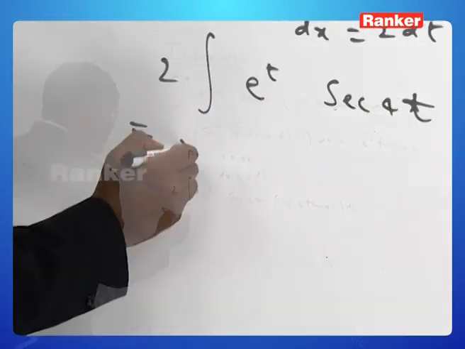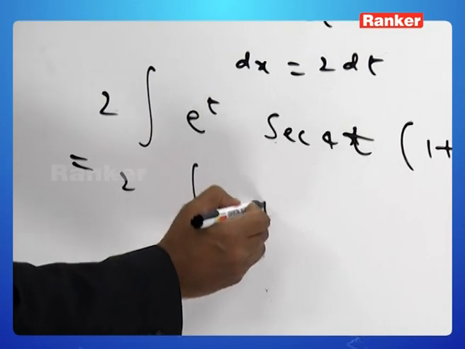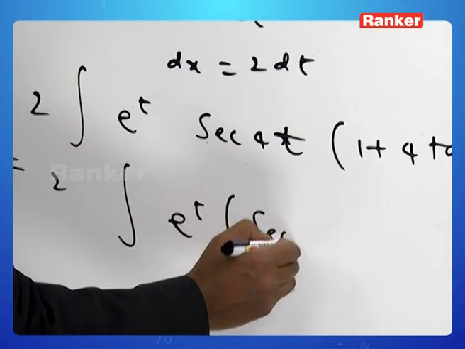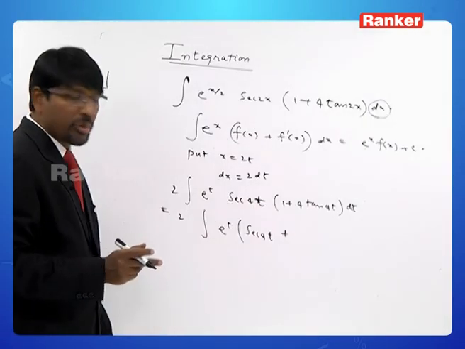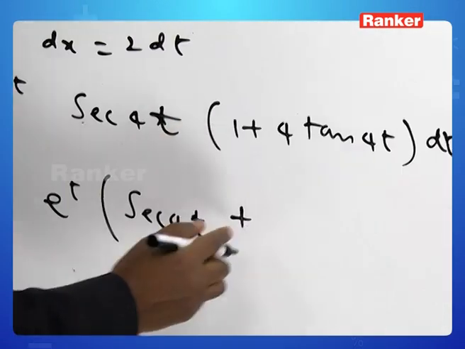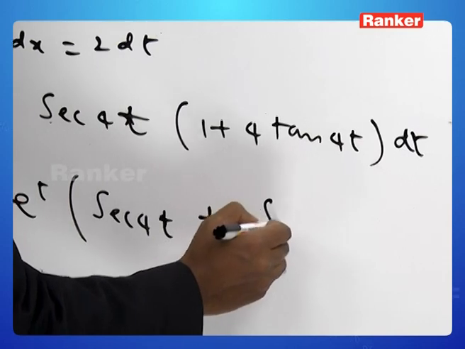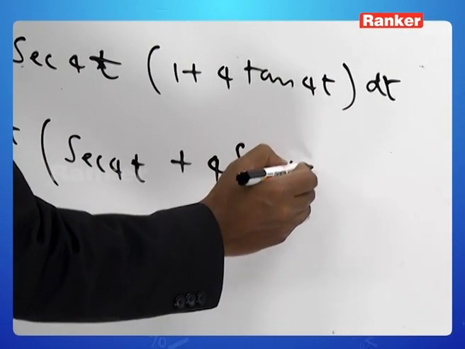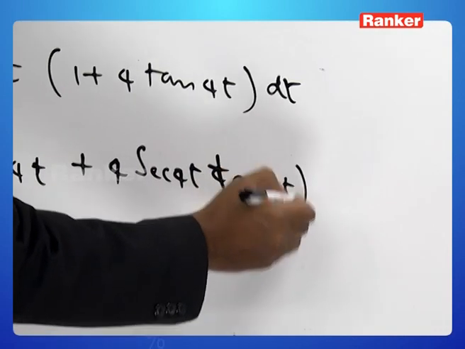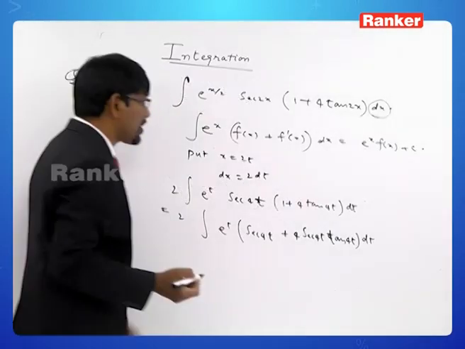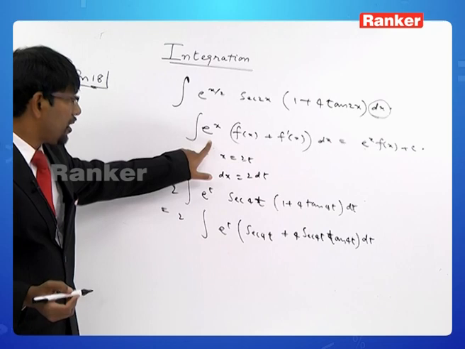Now this is equal to 2 times e power t into secant 4t, I will multiply it inside the bracket, secant 4t plus 4 secant 4t tan 4t. Now let's see if it is in this standard integral format.